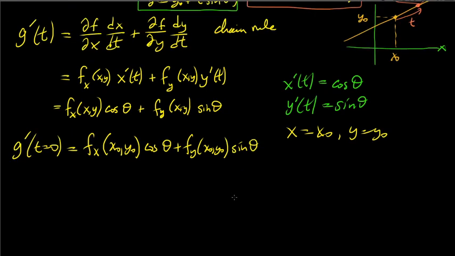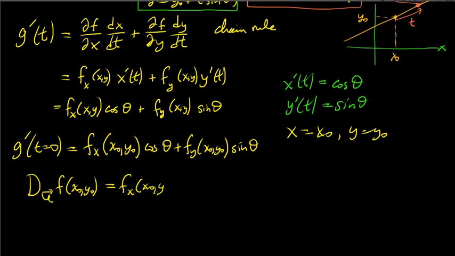Right? And that's what we wanted to show, that the directional derivative in the direction of u, right, of the function f evaluated at a specific point, x0, y0, is given by what I just wrote up here.